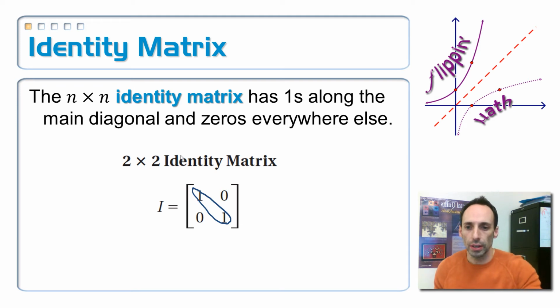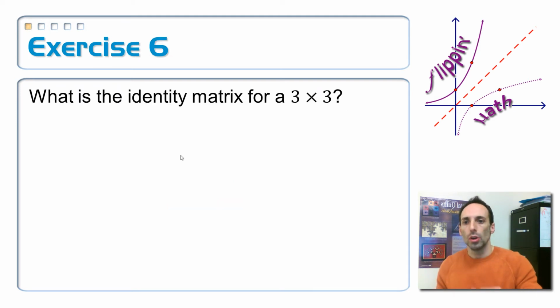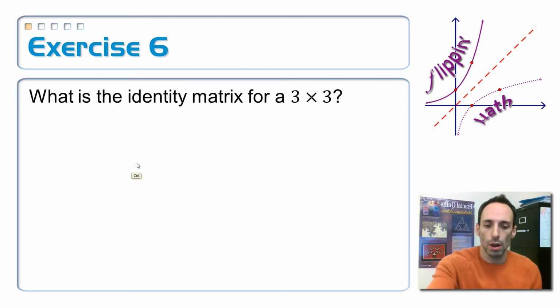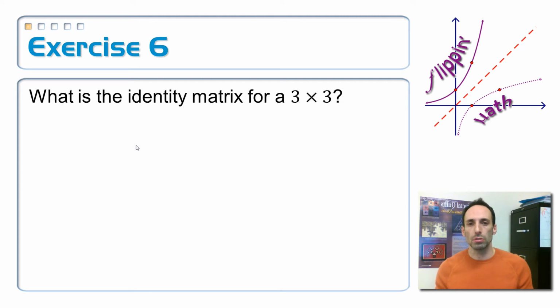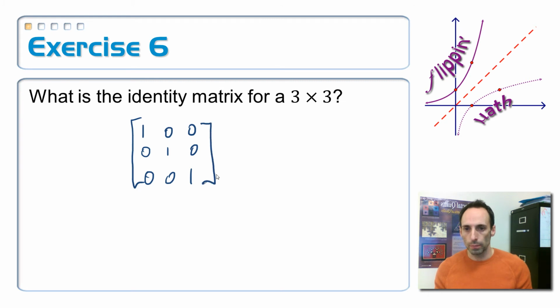So take a second here, and what do you think an identity matrix would look like for a 3 by 3? Obviously, it's going to be a 3 by 3 matrix, right? It's going to have 1s along the main diagonal and 0s everywhere else. It should be 1, 0, 0, 0, 1, 0, 0, 0, 1. Voila. So there is the identity matrix for a 3 by 3.